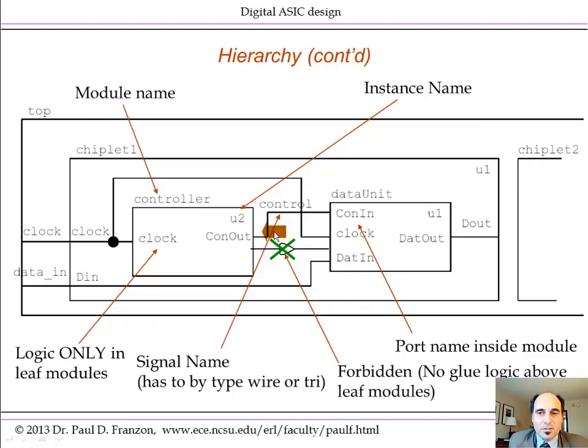These are the ports of each unit. The signal names, so the outputs of modules, have to be of type wire or tri. And I remind you, you only want logic within the leaf modules, not above the leaf modules. For example, this gate here, in the context of chiplet 1 but not in its leaf modules, should not be done. Though if you do it, I will show you how to fix this later.